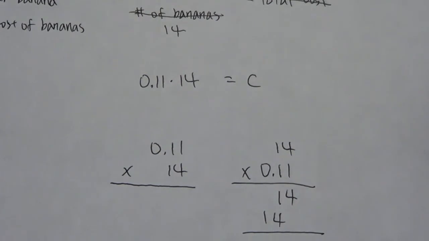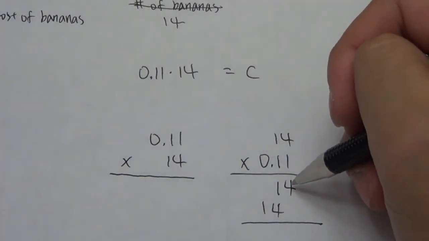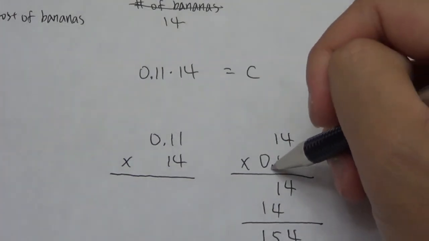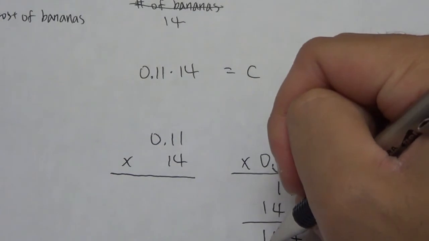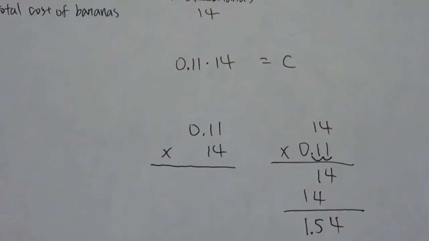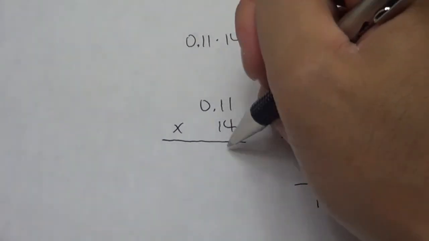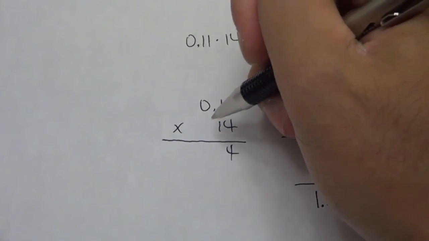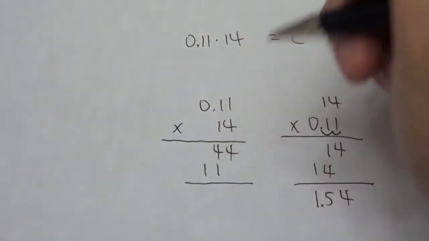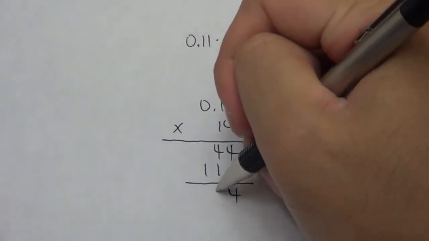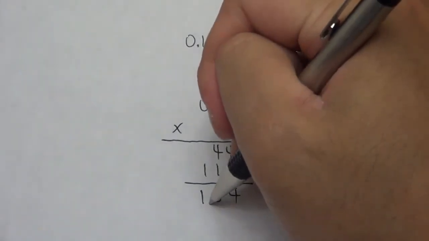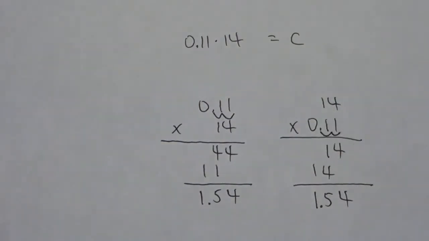and get my answer. Then we add them up, and account for the number of decimal places. There's 2, so that means I need to have 2 in my answer. And just to show that it's the same, you can do the same thing over here. 4 times 1 is 4, 4, 1, 4, and then I got 1, 1. 4, 5, 1, 2 decimal places, decimal place right there. 1.54 for both.